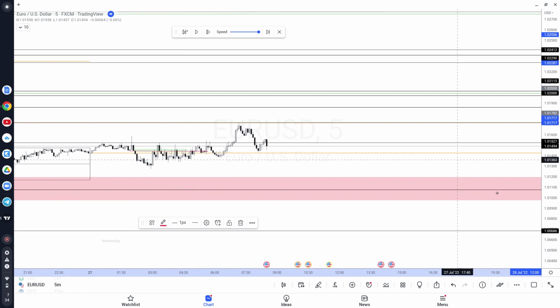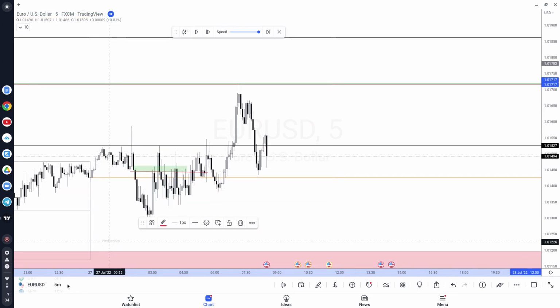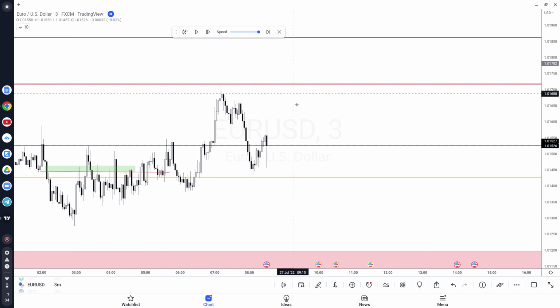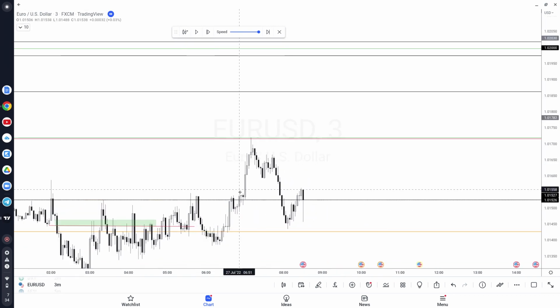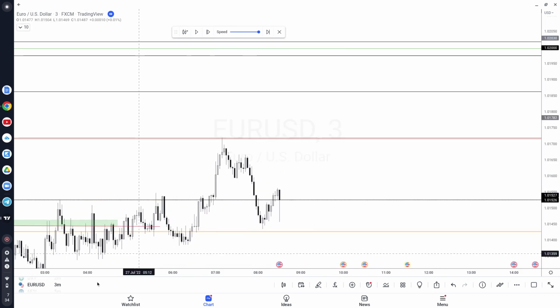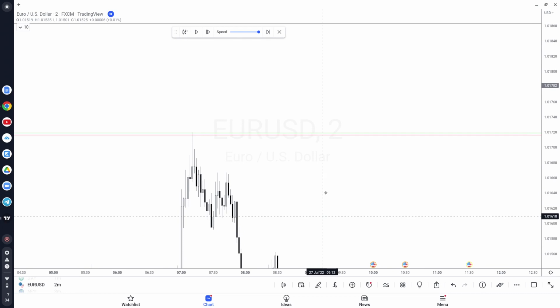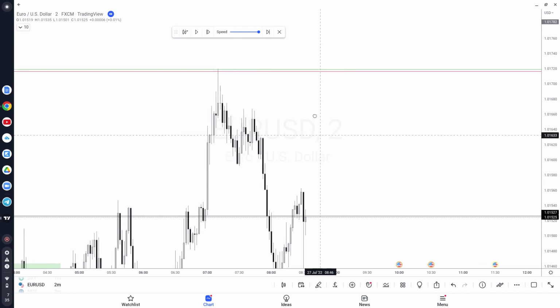So let's come down to the smaller time frame. And if we're seeing price balance that range, then we anticipate the failure swing, which happens, we get it right here. And let's see if we find any reason for entry.